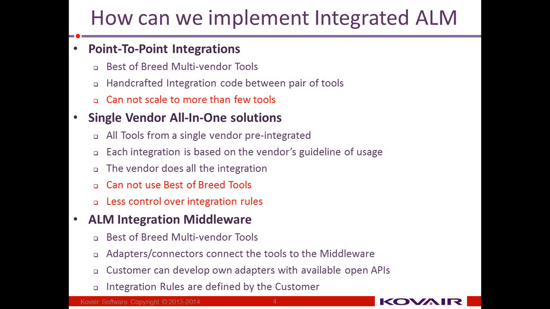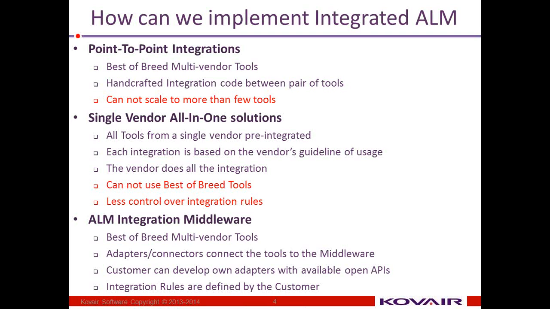And also another advantage is that the integration code can be handcrafted so that it caters to your exact use case. But the problem is that if you are using more than 2 or 3 tools, which is actually the most common scenario, that people are using 5 tools, 10 tools, the point-to-point integrations cannot scale out to support that. It becomes very complex to maintain, and each piece of code has to be maintained and monitored. The tools may change, their versions change, their APIs change.